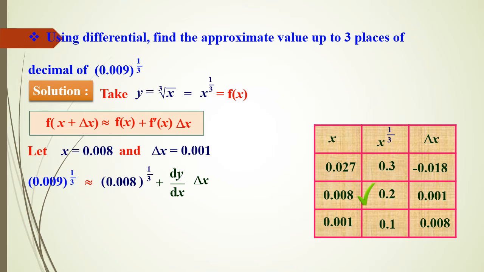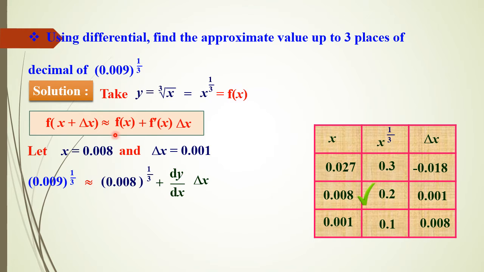When finding the approximate value of the cube root of 0.009, in these scenarios whatever procedure was adopted for the previous sums, here also the same. Write y equal to the given term, x whole raised to 1 by 3, or cube root of x. Now choosing the value of x as well as delta x is very important. 8 is a perfect cube, but 9 is not.